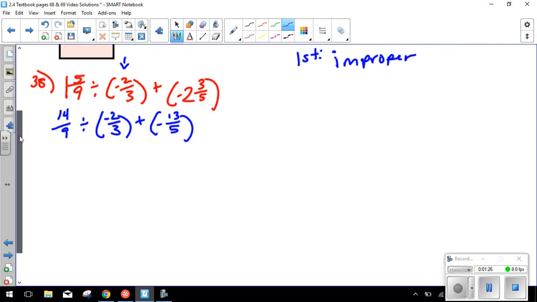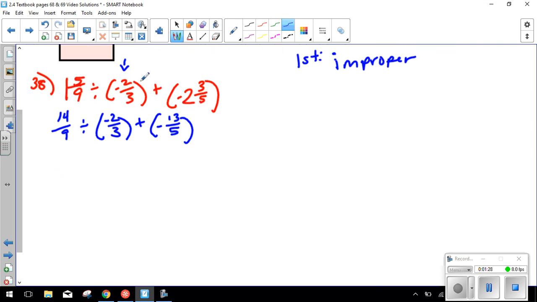So at the end, the numbers might be right, but you're forgetting the integers, and then you wonder what you're doing wrong. So when you take a look at this question a little closely, we have times, divide, and plus. So we're going to use PEMDAS, order of operations: parentheses, exponents, multiply, divide, add, and subtract.